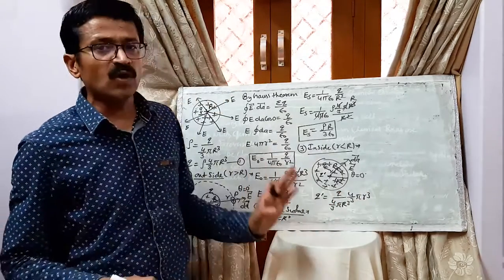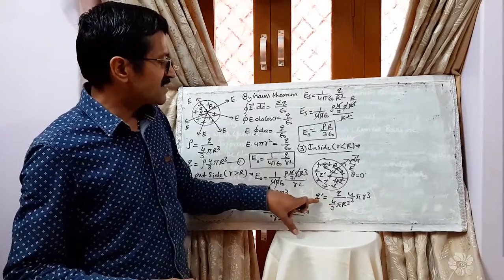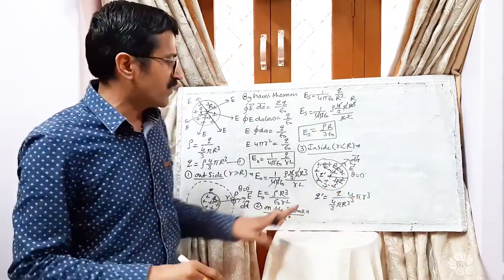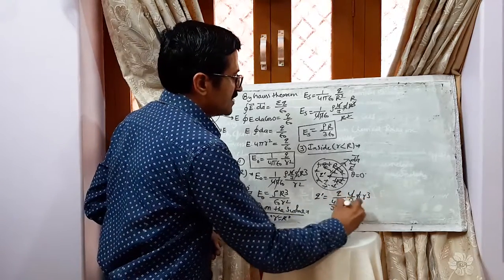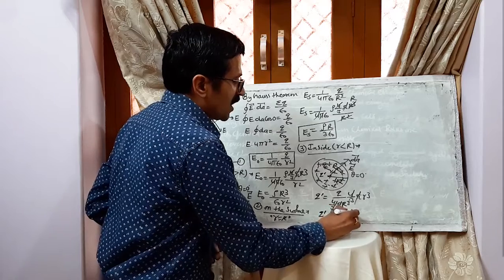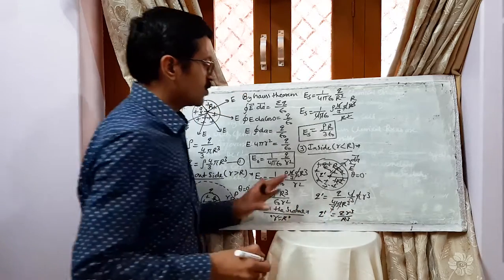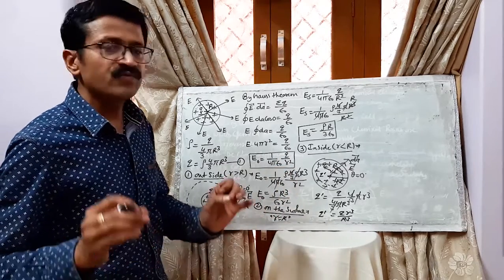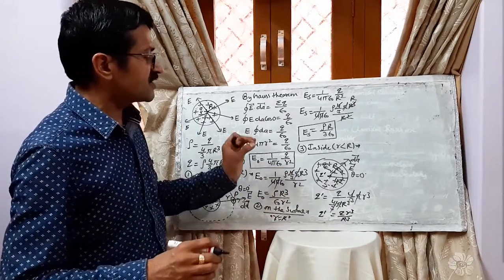This is the concept of volume charge density, that is, charge upon total volume into the volume in which we have to find the presence of charge. These will get cancelled. Q dash will be Q small r cube upon capital R cube. This will be the charge present inside.